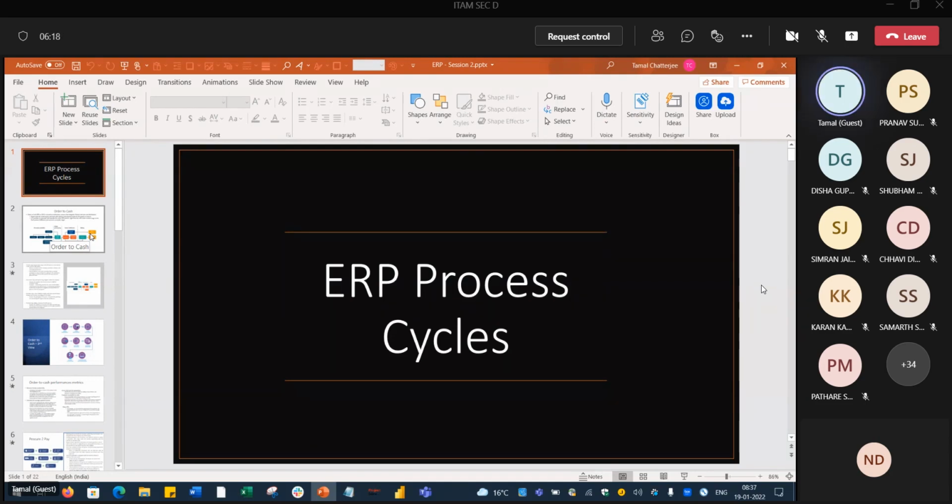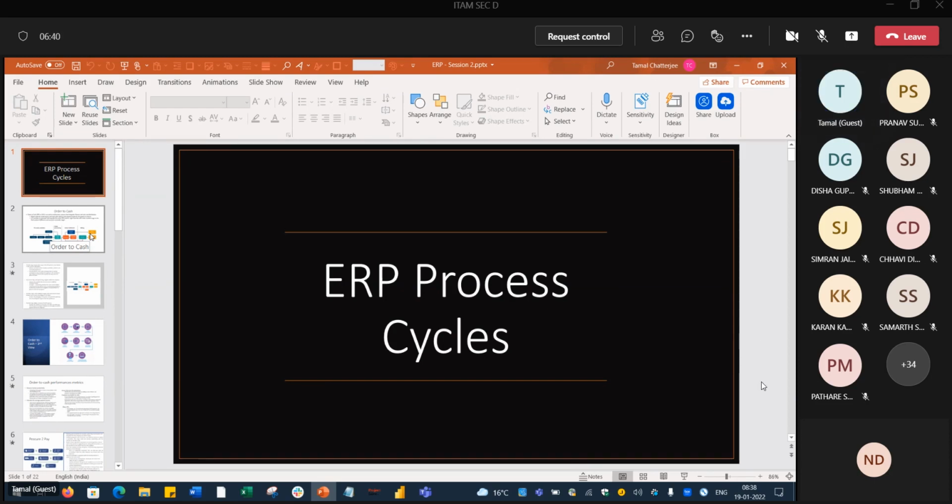And we have two types of ERPs these days. One is on-premise ERP, which is the older one, and now as we are having the cloud everywhere, cloud companies are also providing ERP software, which is less costly and less time consuming.